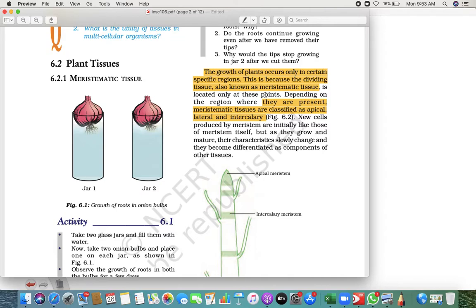So basically new cells are not different from the original cell, they are the same, but as they grow they become mature, and the characteristics slowly change and become differentiated. Again I repeat, when a new cell develops, it is the same, but slowly it grows and changes its characteristics and becomes differentiated, right?